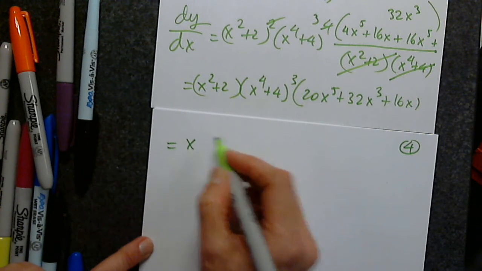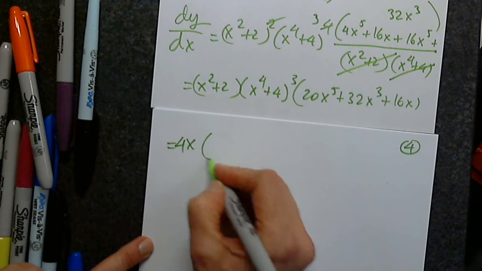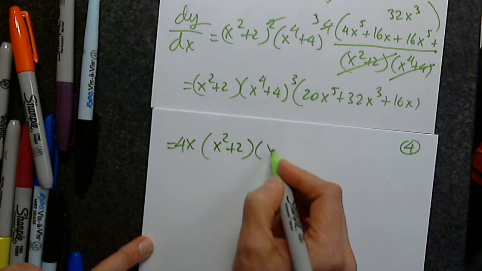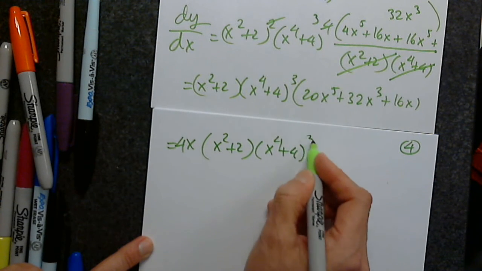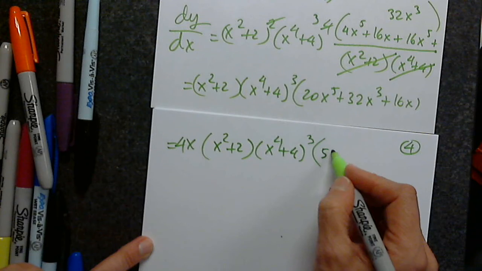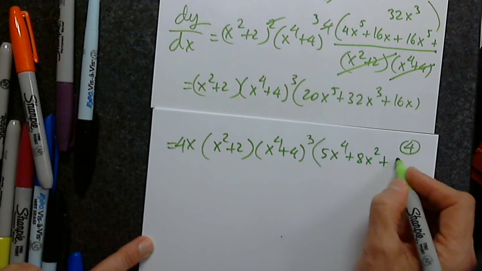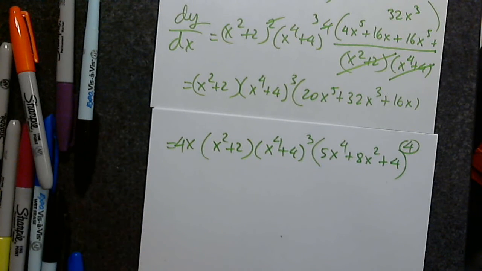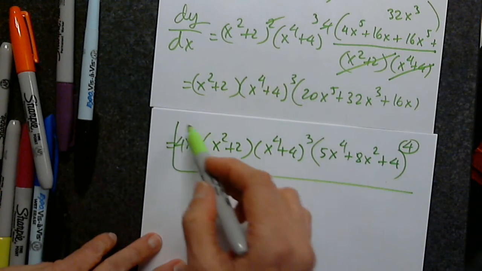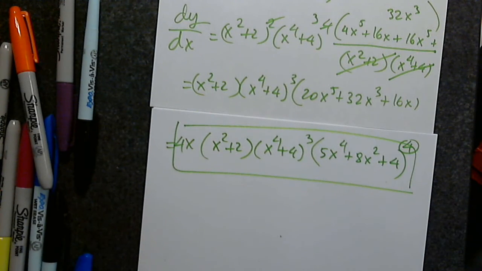So this is 4x in front, x squared plus 2, x to the 4th plus 4 to the 3rd, and this is 5x to the 4th plus 8x squared plus 4. This is the completely simplified form of that derivative.